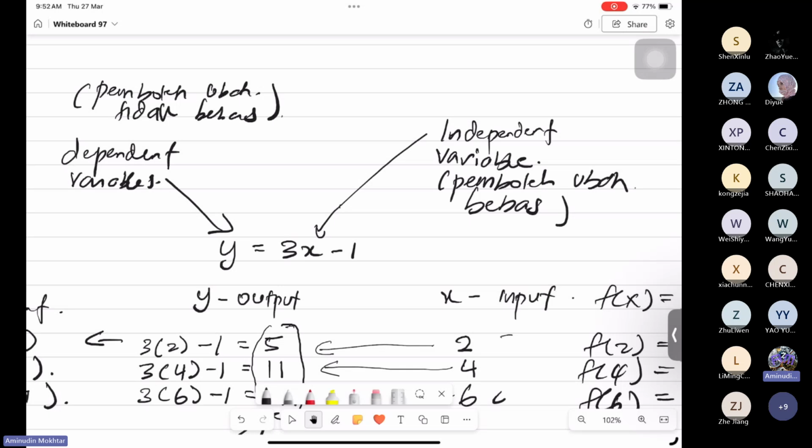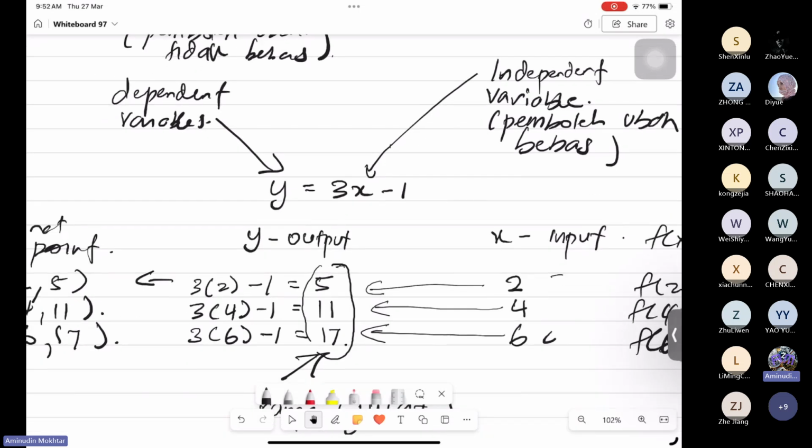That's a basic concept about functions. That's all I think about this concept.